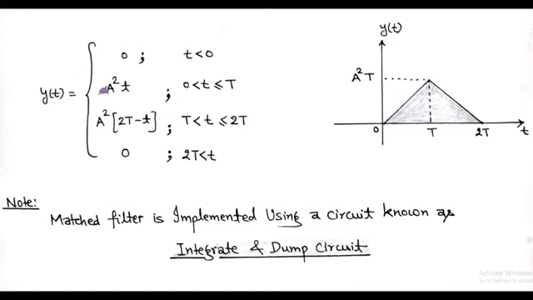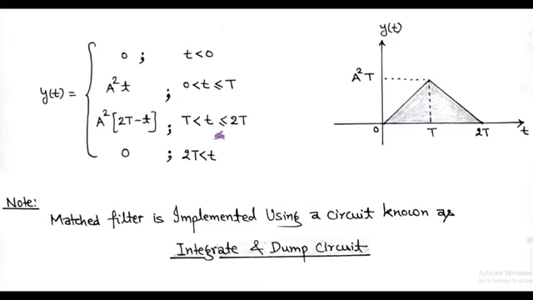Between 0 and capital T, the response is A squared t, that is the ramp signal. Also for the interval capital T to twice capital T, we have A squared times (2T minus t). Here at t equals capital T, we get A squared T. Also, using the third result, at capital T the value is A squared T.